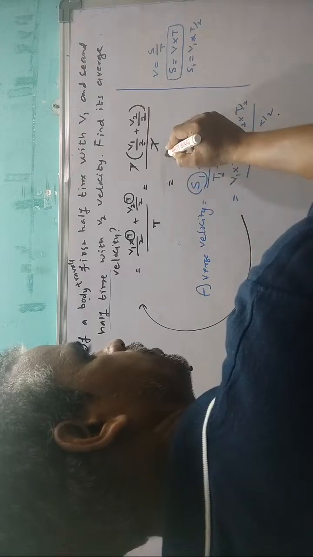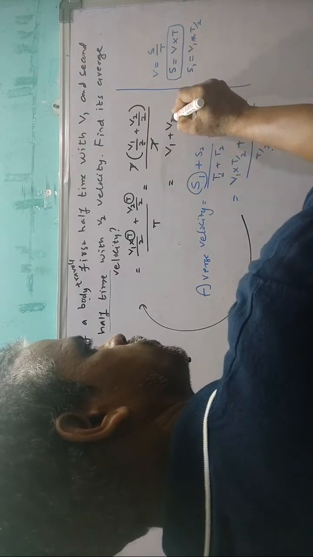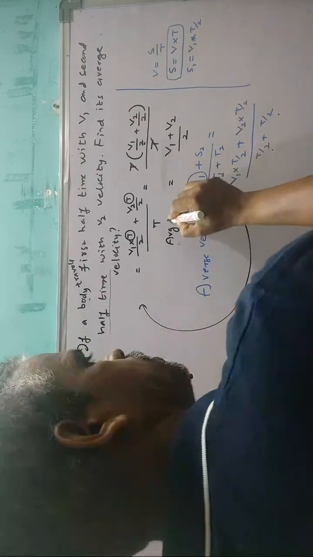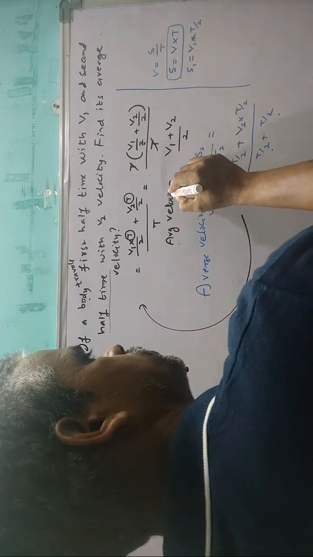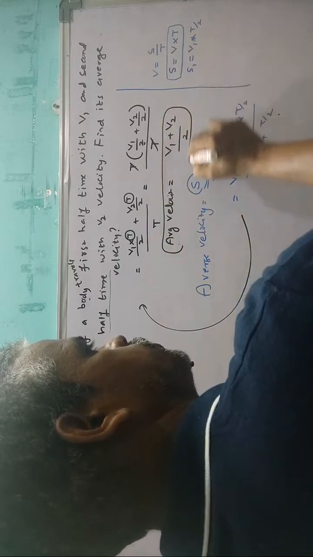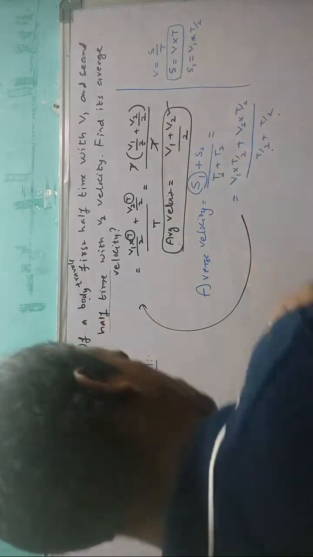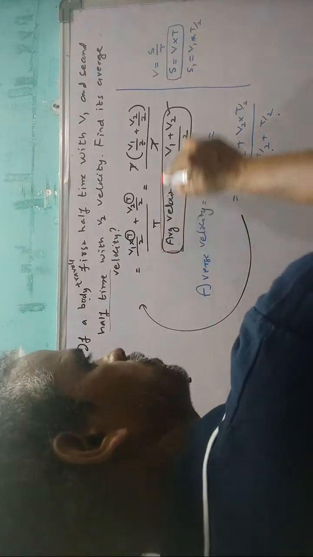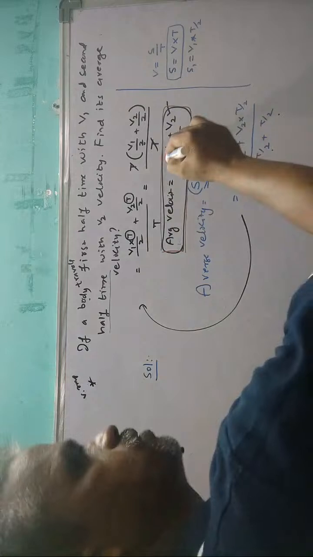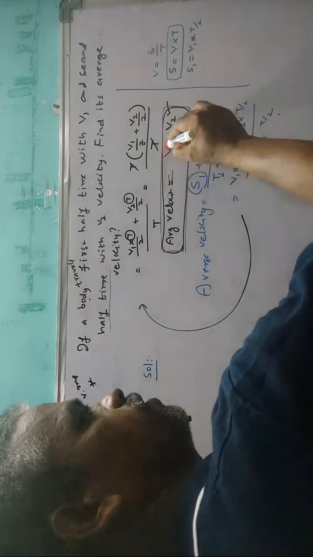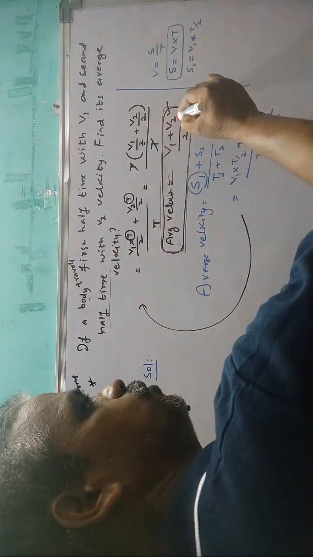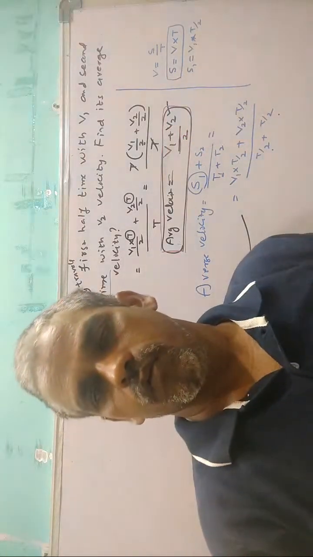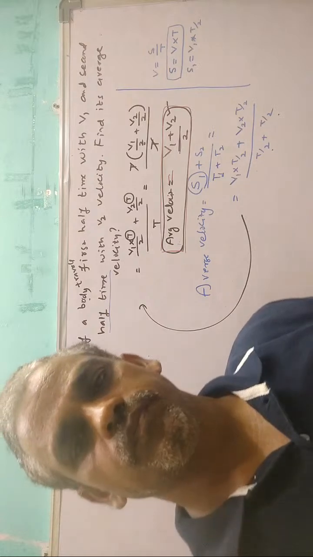The final answer is v1 plus v2 by 2. This is average velocity for this case. You have to remember this formula. Don't confuse all the things. Just remember v1 plus v2 by 2.